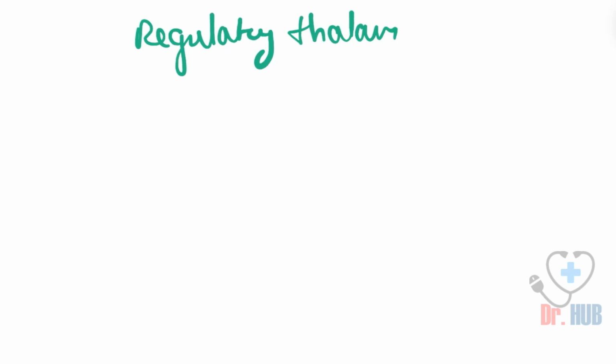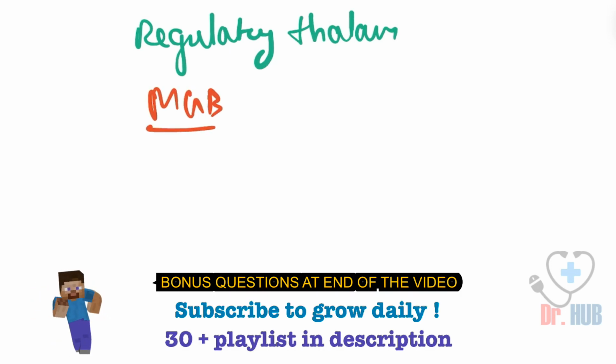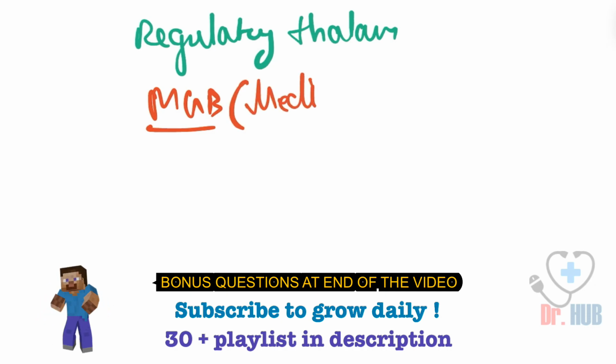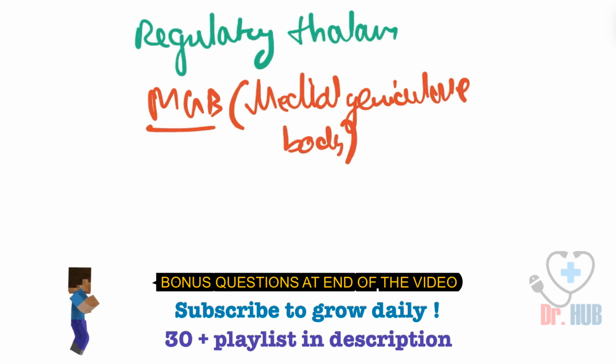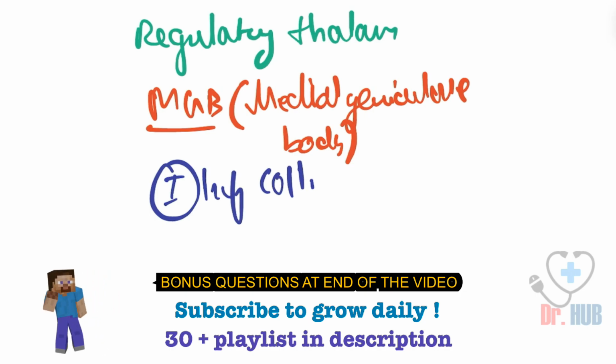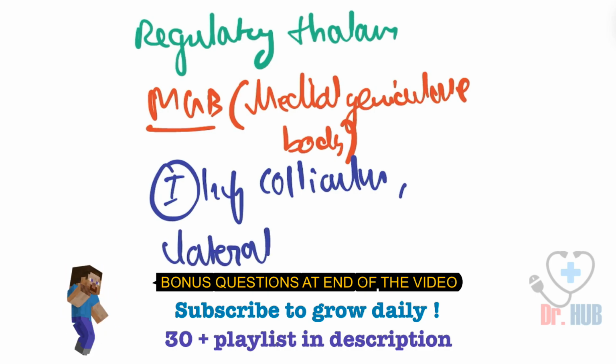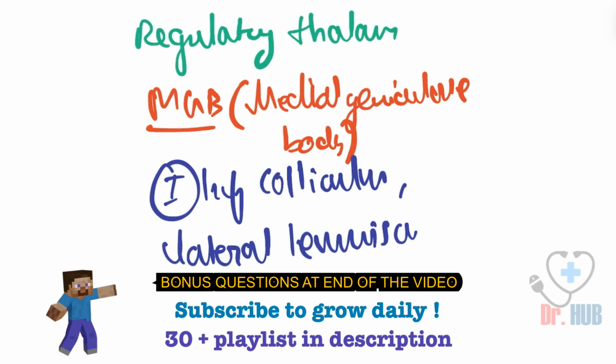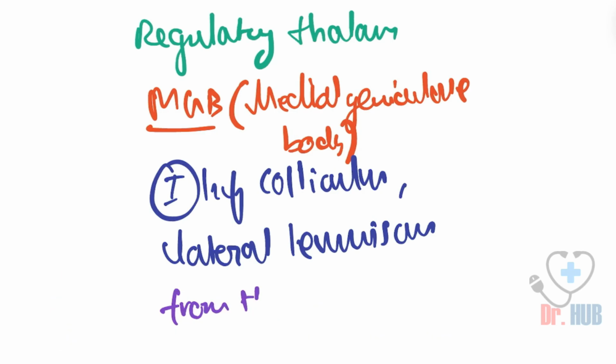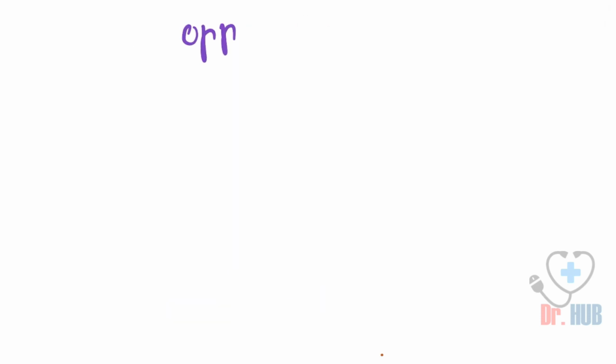Next we have the MGB, which is the medial geniculate body. Looking at the input, it is the inferior colliculus and the lateral lemniscus, predominantly from the opposite ear.